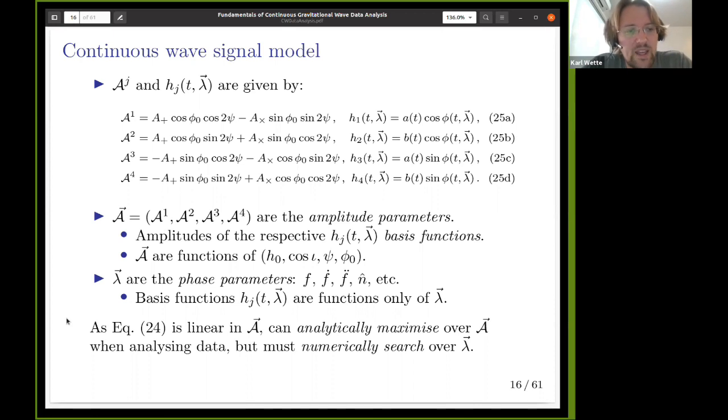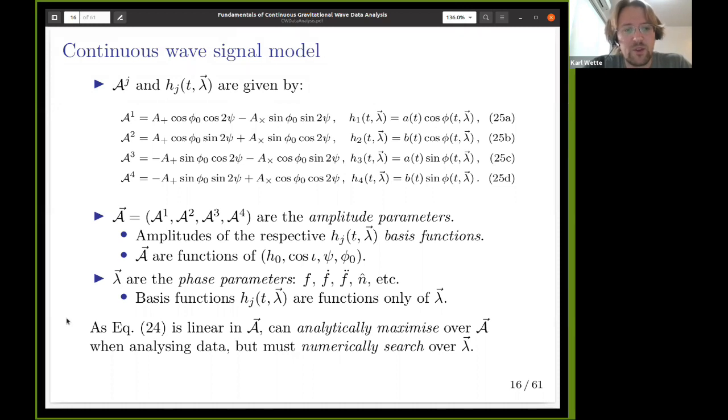So the four components, a1, a2, a3, a4, these are known as the amplitude parameters, because they are the amplitudes of these functions h of j, which are our basis functions. So it's essentially writing it as a linear combination of 4 amplitudes and 4 bases. And then the a are functions of our 4 parameters, which we've already seen: h naught, cos iota, psi, and phi naught.